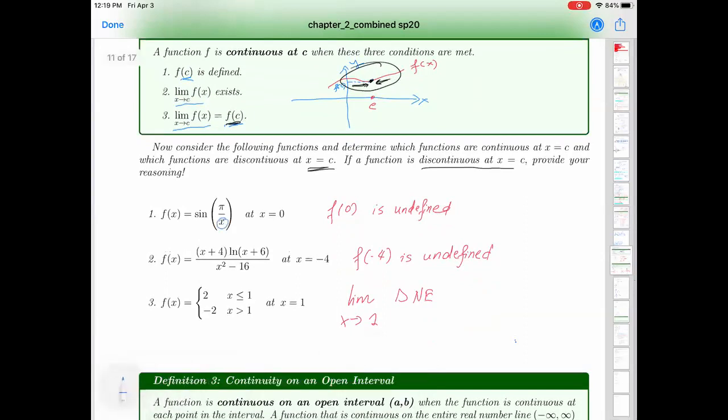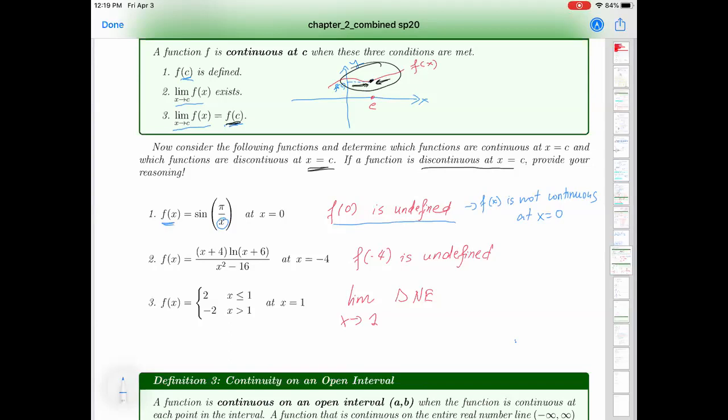That means when x equals 0, this function f of x is undefined. I know that f of 0 is undefined, right? You cannot plug 0 into x to find f of 0. Since f of 0 is undefined, this function f of x is not continuous at x equals 0.